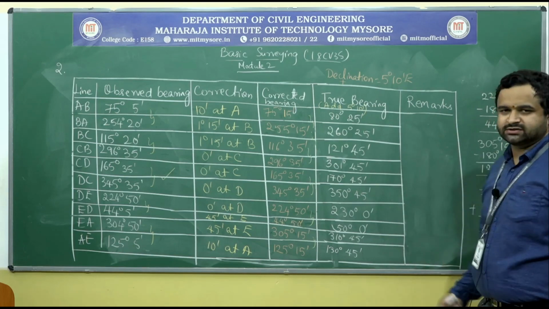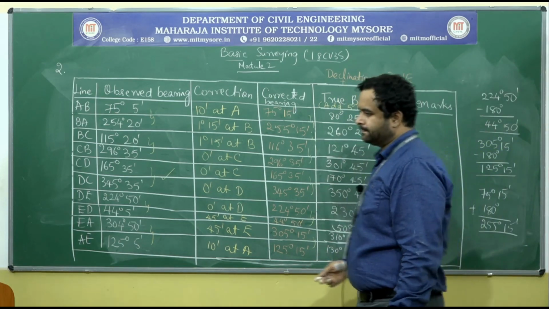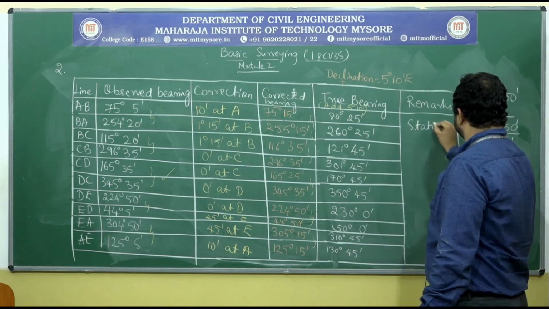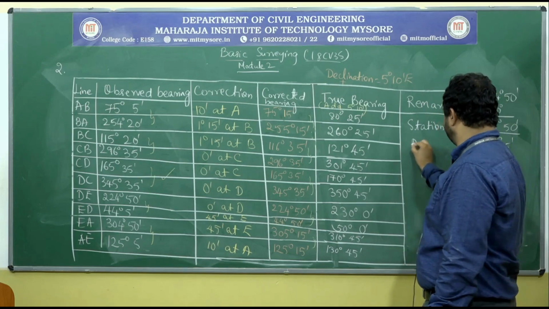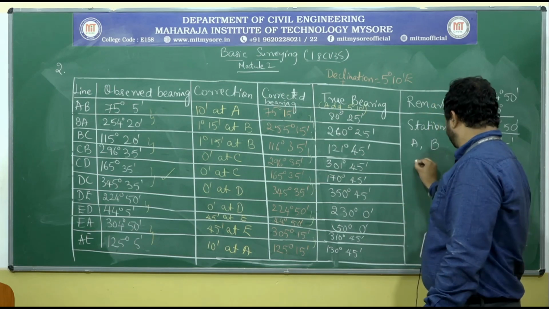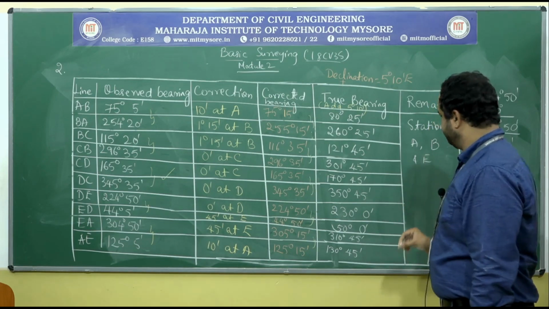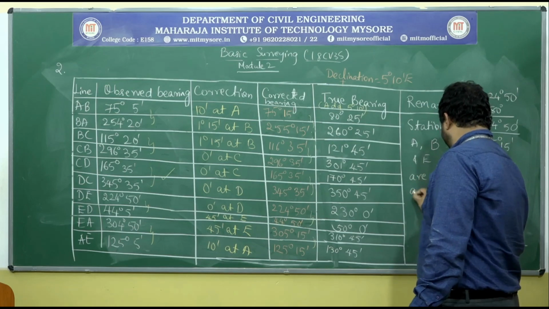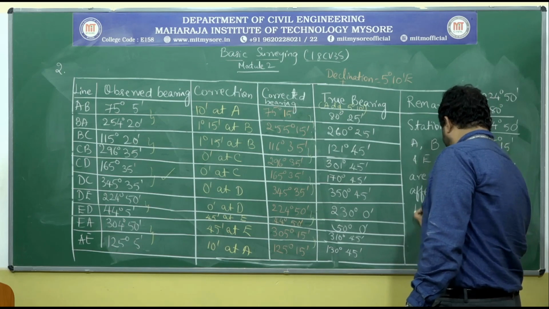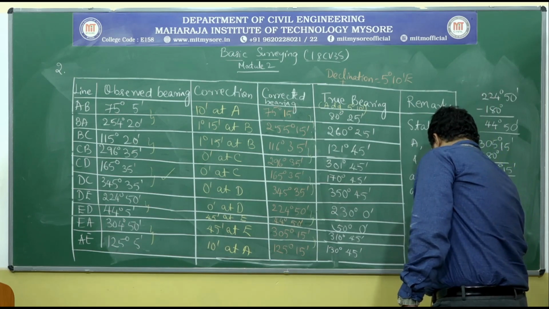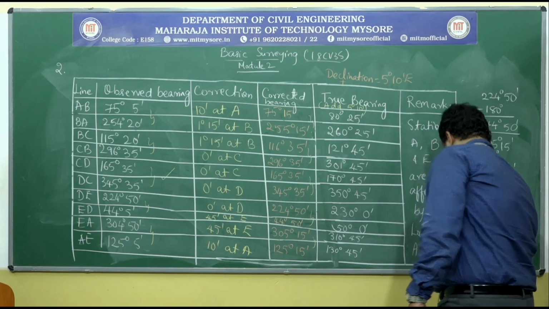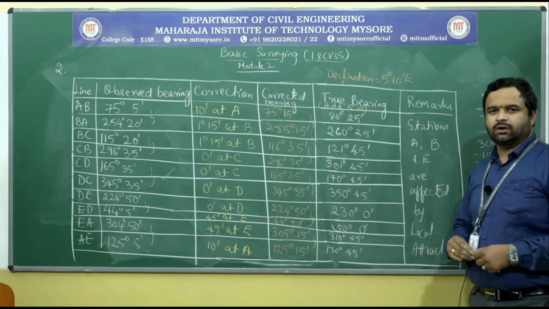So that you have to write in the remarks column: stations A, B and E are affected by local attraction. Okay. I hope you have understood this problem.